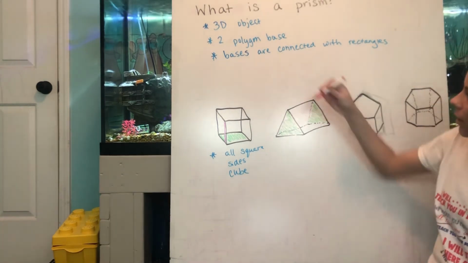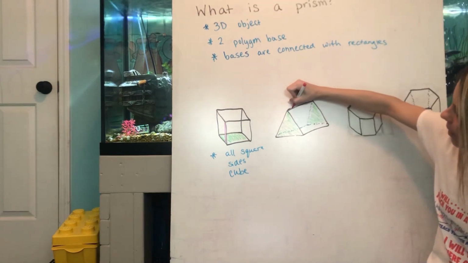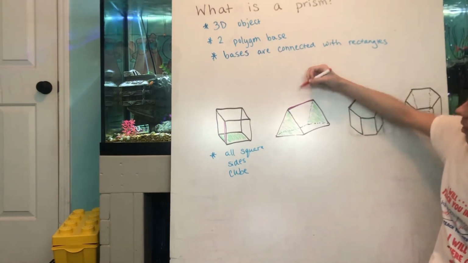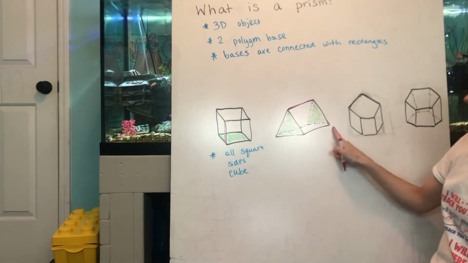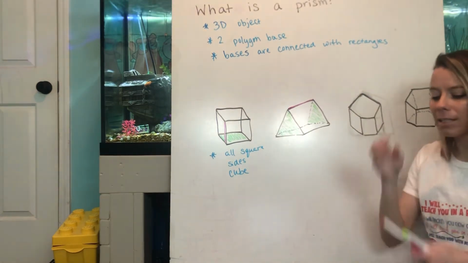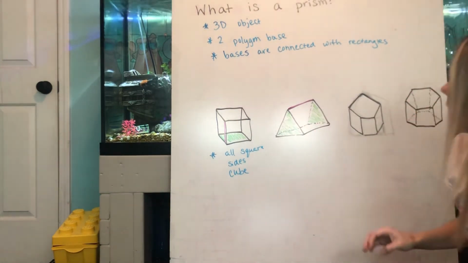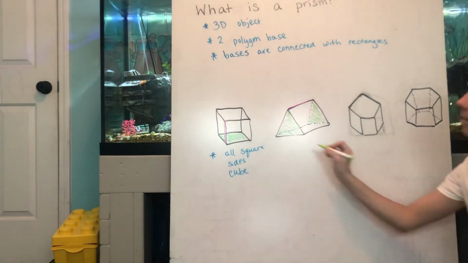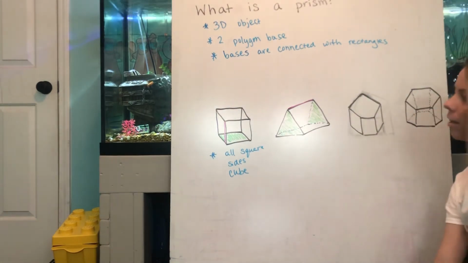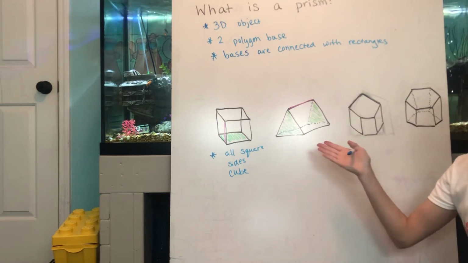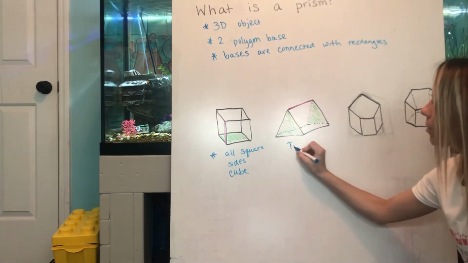So right here is where I'm going to highlight the height. You could have highlighted this line or this line. Any line that connects your two bases is a height. And that's known as a triangular prism, because the bases are triangles.